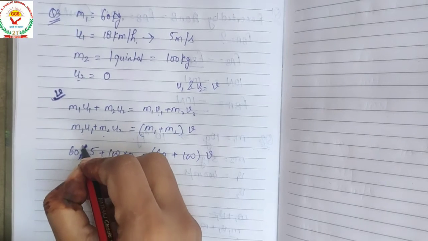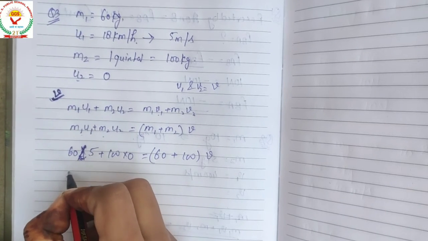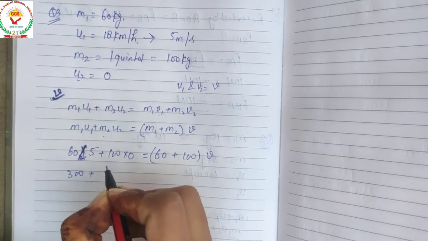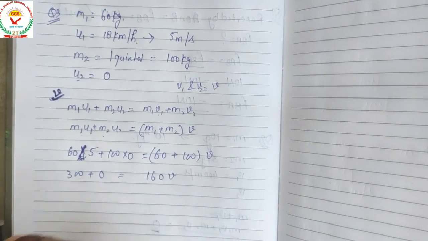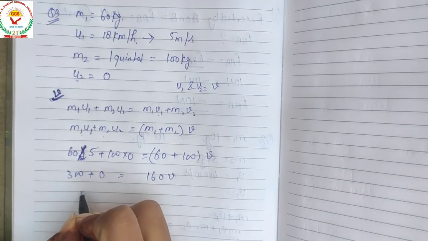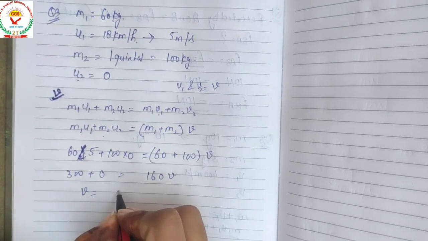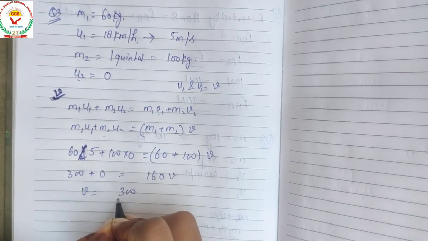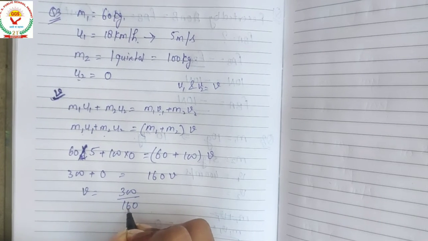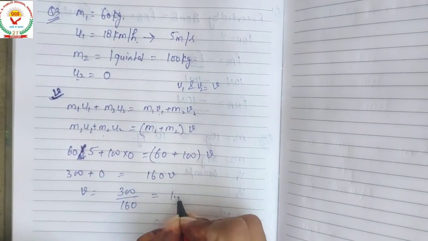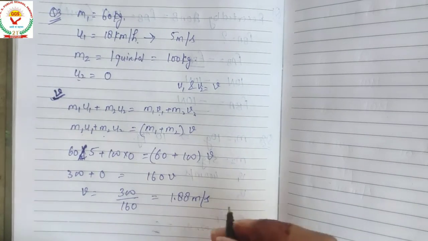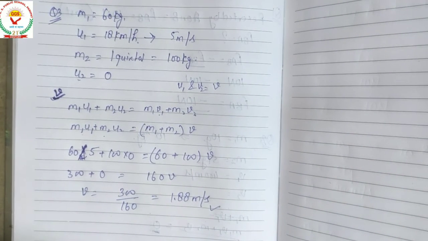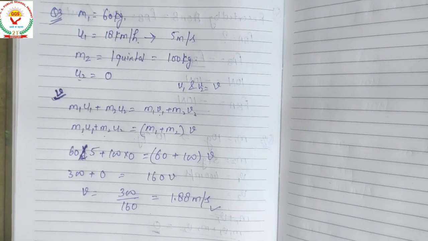On multiplying we will get 300 plus 0 equals to 160V. On calculating we get 300 divided by 160, that will be equal to 1.88 meter per second. So this is the velocity of the car that is running with the rail.